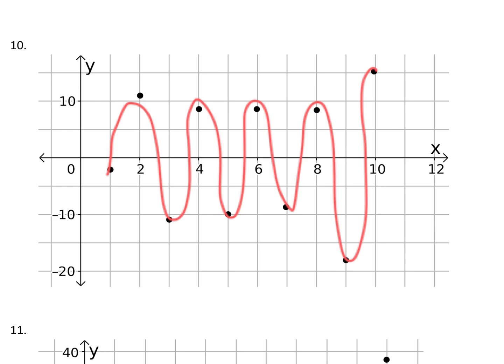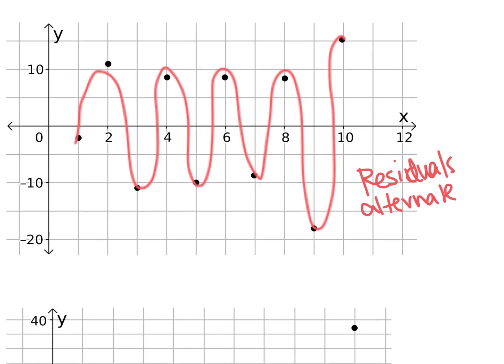So I wonder if this one is maybe not so good for a linear model, maybe something else. Maybe this is some kind of trig model here. Residuals alternate negative to positive. Maybe some other model would be good here, like some kind of sine wave or cosine wave, something different, right?